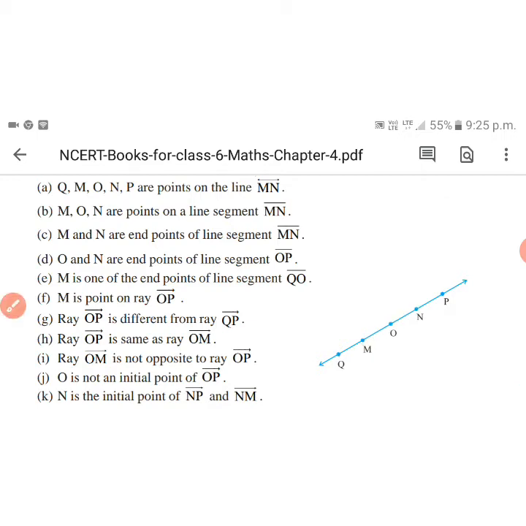B part: M, O, N are points on the line segment MN. The statement is true.